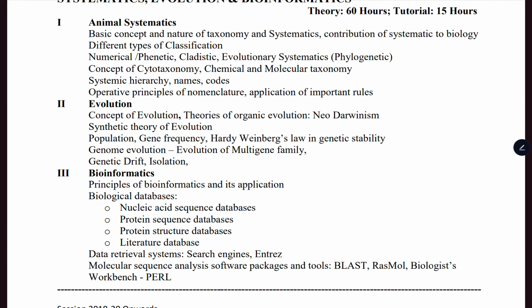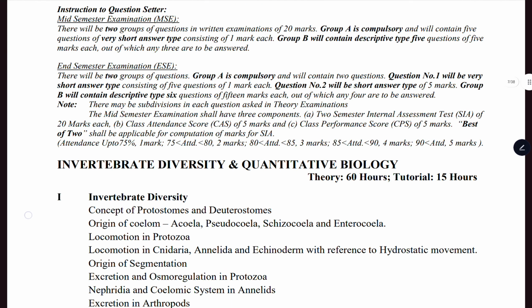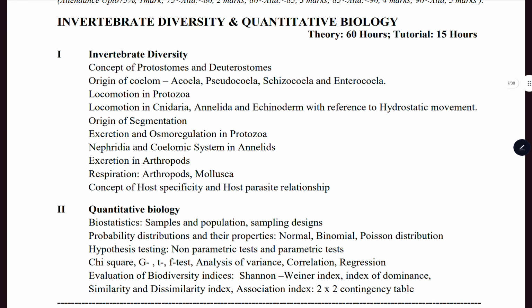And in paper 102, we have to study invertebrate diversity and quantitative biology. In paper 102, we have 2 units that consist of invertebrate diversity and quantitative biology.